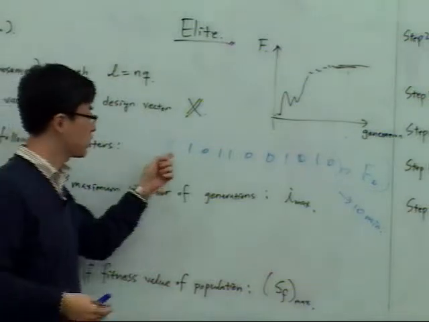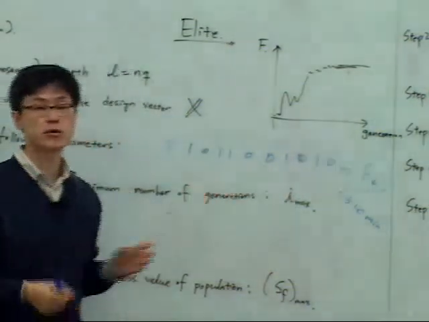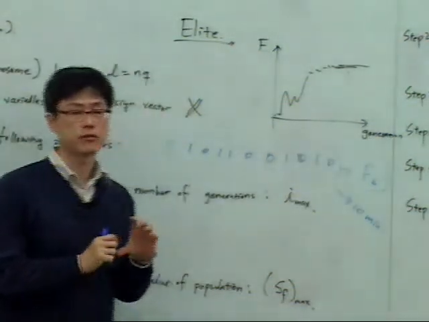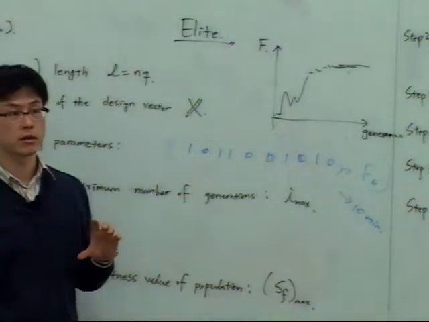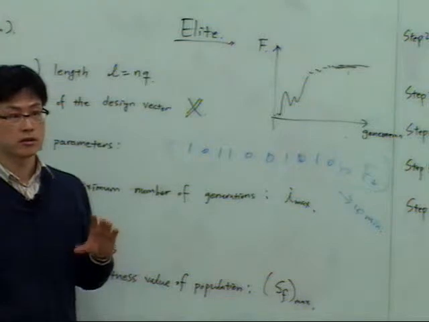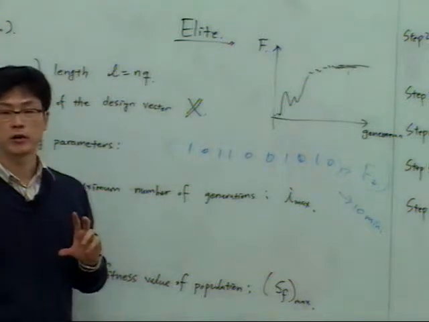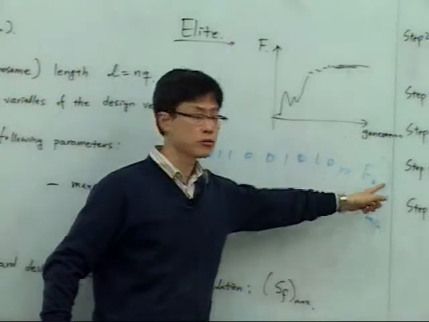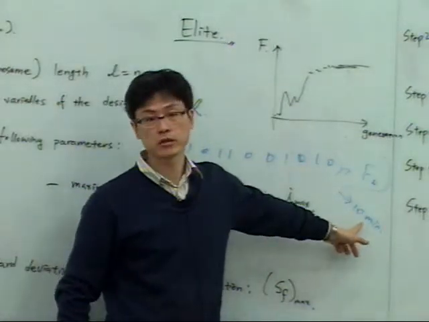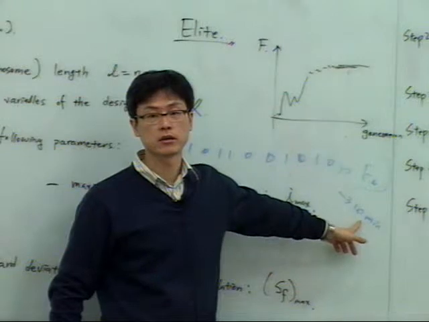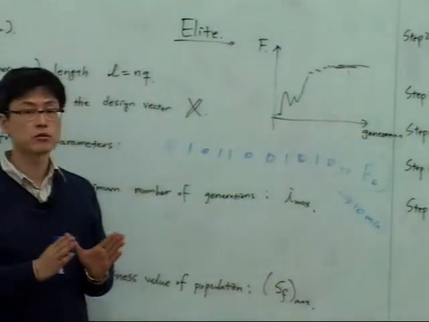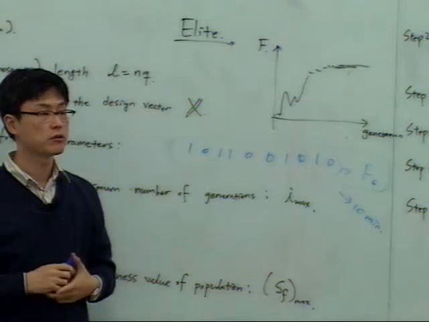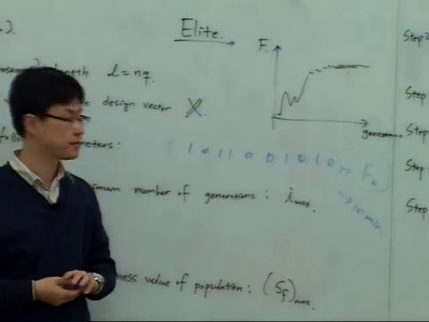So whenever you come across the same chromosome, you don't do the time-consuming evaluation. You first refer to your database: do you have this chromosome already evaluated? If the database returns this number, you don't have to re-evaluate the same thing again and again. By doing this, you can greatly reduce the evaluation time, or the genetic algorithm's running time. Okay?